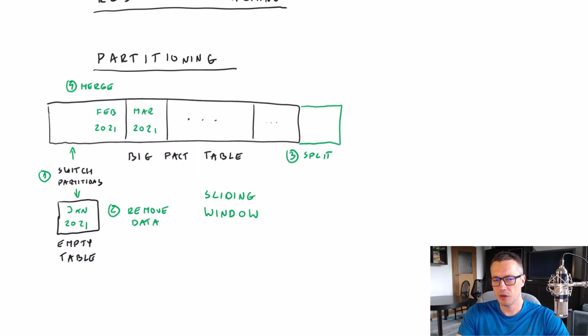Secondly, how many partitions should I have? 1,000? No, it's probably not a good idea. If you have 1,000 partitions, then you probably mess it up. Don't create a partition for every day. The guideline from Microsoft is that you should have less than 100 partitions. So don't go crazy with creating them.